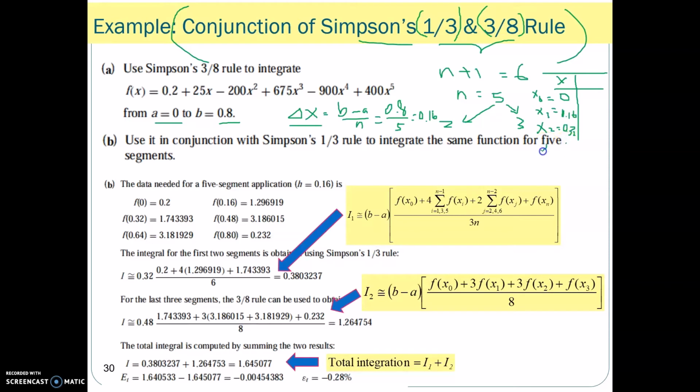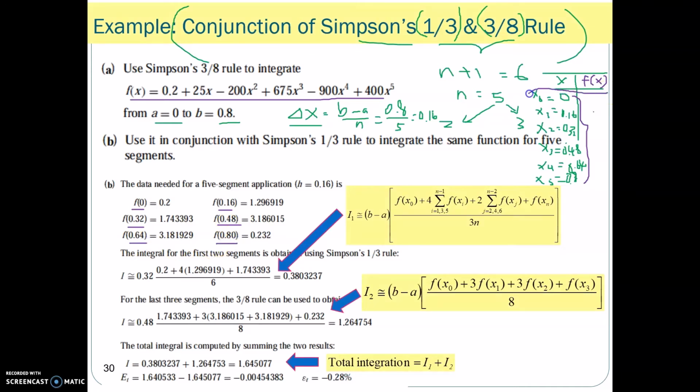Then you can continue for x3, x4, and x5, and you should obtain x5 equal to 0.8. Substitute x0 until x5 here into this formula to obtain f(x0), f(x1), f(x2), f(x3), and so on until f(x5).